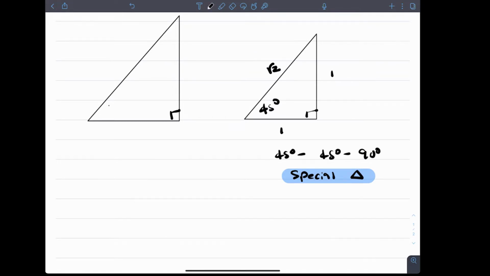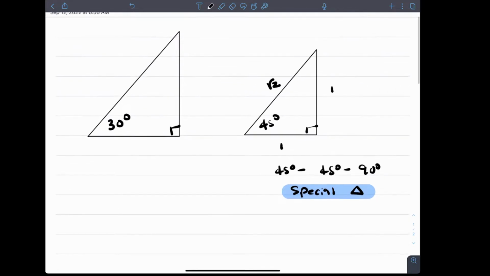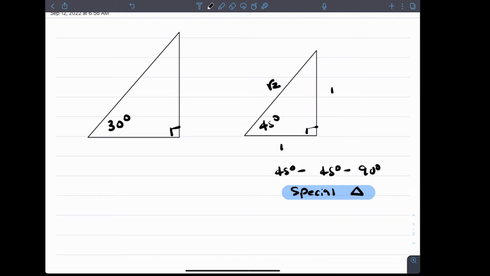But if I said to you guys, this is 30 degrees, do you guys remember the special triangle that we created here? This was 1, and then what was this side here? 2, is that right? And this side was what? The square root of 3. Are you guys okay with that? And remember, this is 60 degrees because the 30-degree angle and that angle there need to be supplementary.